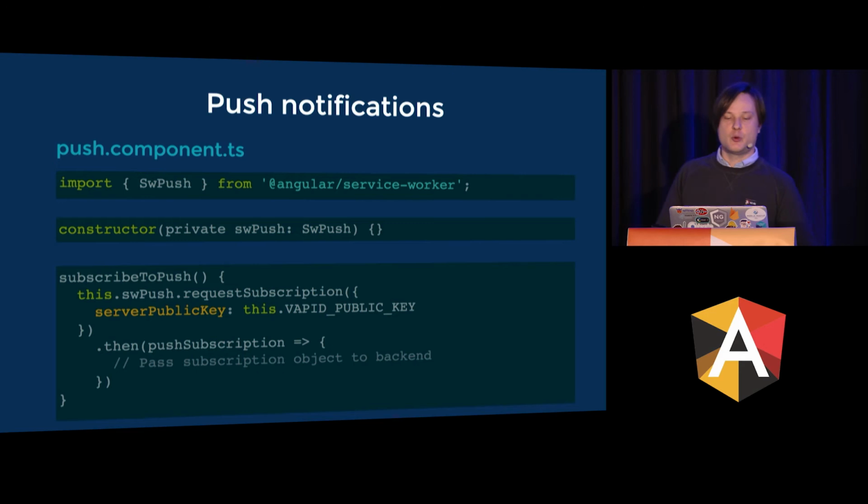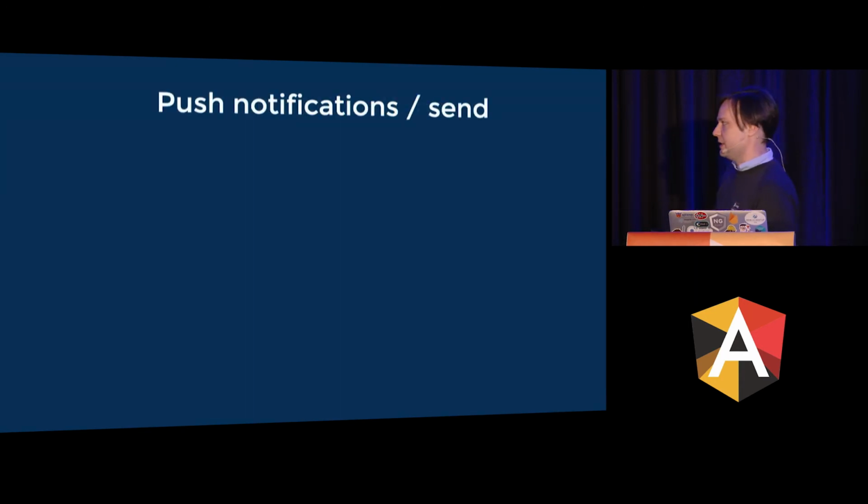And then we have a requestSubscription method. We only have to pass the VAPID public key. So super simple. Then the user will get this dialog asking if you wish to subscribe to push notifications from this website.